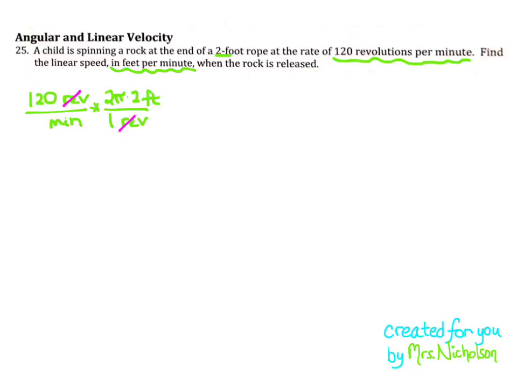My revolutions cancel out, and I have feet on top and minutes on bottom. And so this would be equal to 480 pi feet per minute, or if you prefer a decimal answer, 1,507.92 feet per minute.